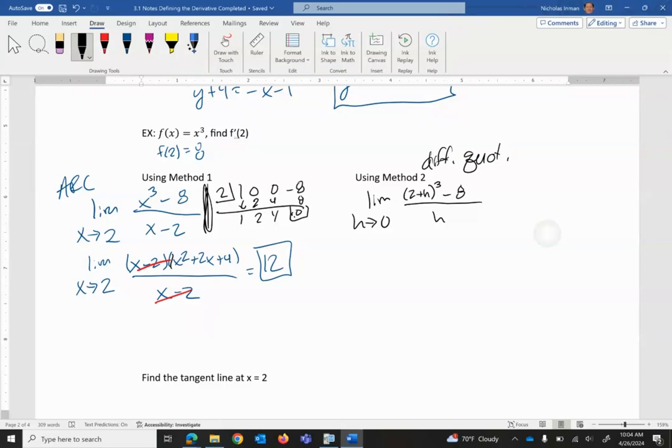We have to do 2 plus h, 2 plus h, 2 plus h. So that's what? 4 plus 4h plus h squared. 4 times 2, that's 8, plus 4h. 4h times 2, that's 8h, plus 4h squared. h squared times 2 is 2h squared, plus h cubed.